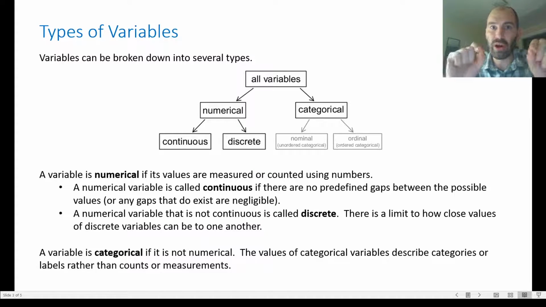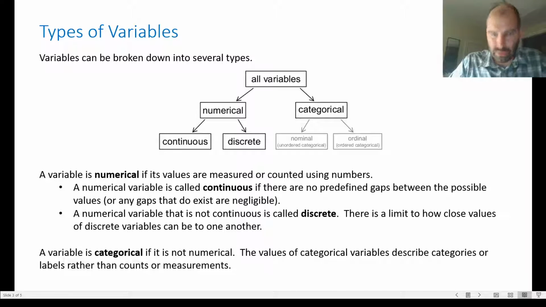You can only go to the tenth place, right? You can't go to radio station 104.35. You have to jump from radio station 104.3 to radio station 104.4. There is a gap. The radio doesn't let you get in between there. So that is a discrete process. It has gaps between the values.